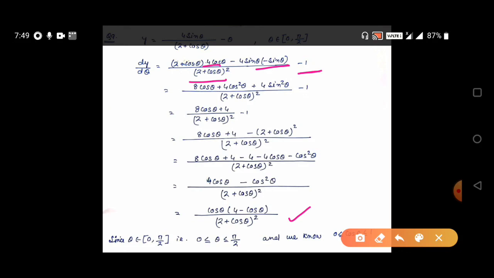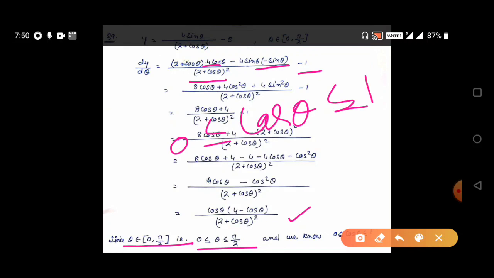Now since theta belongs to the interval 0 to pi by 2, theta is greater than or equal to 0 and less than or equal to pi by 2. We know the range of cos theta is 0 to 1, that means 0 is less than or equal to cos theta, which is less than or equal to 1. Since cos theta belongs to the interval 0 to 1, this part 4 minus cos theta will become positive, because the value of cos theta can never be greater than 4.